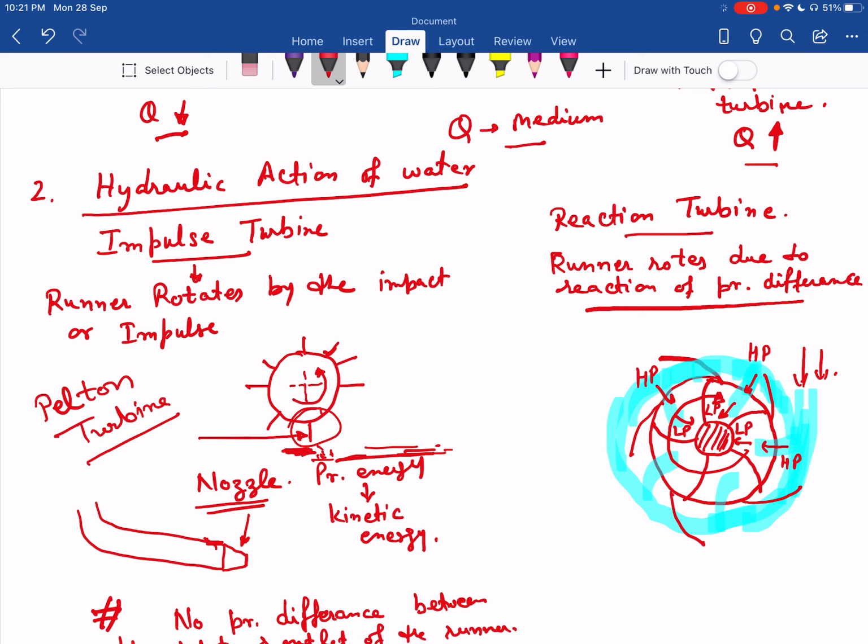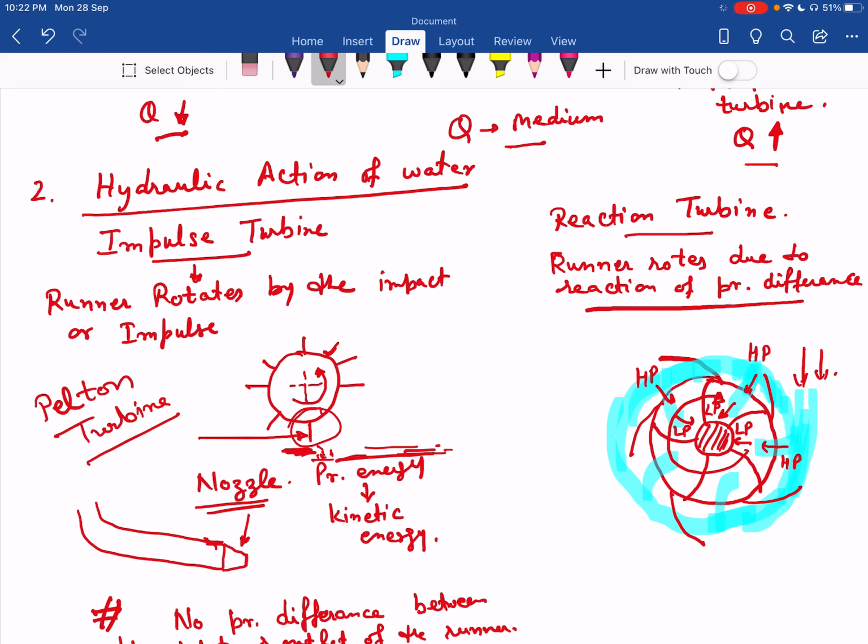If I repeat it again, the runners of such turbines have curved blades, and the water enters those blades from the higher pressure side to the lower pressure side. Due to that pressure difference, there is a reaction on the runner or vanes, and due to that reaction the runner starts rotating.